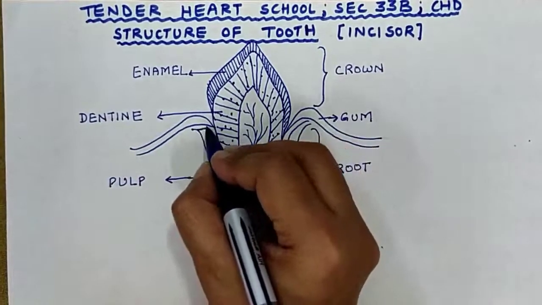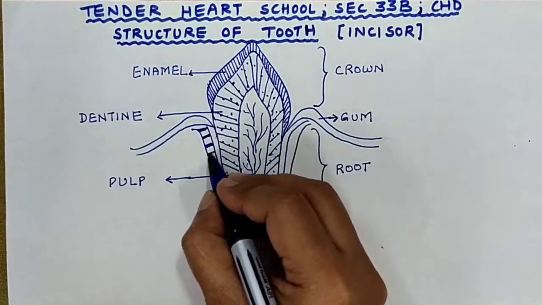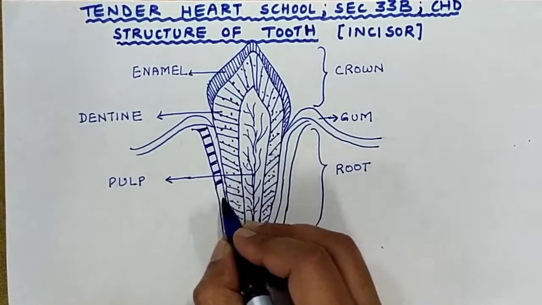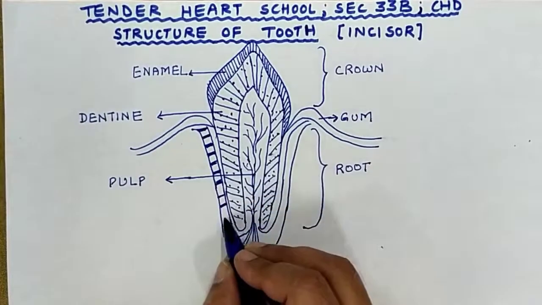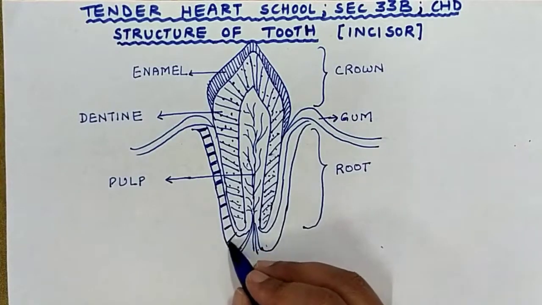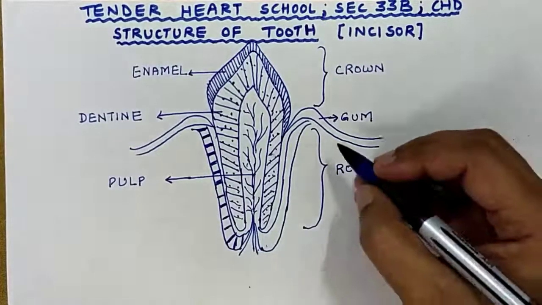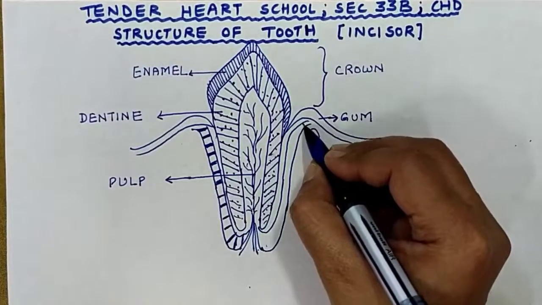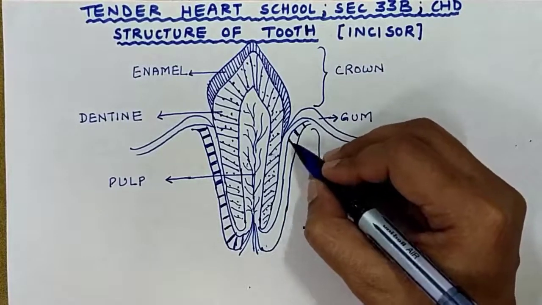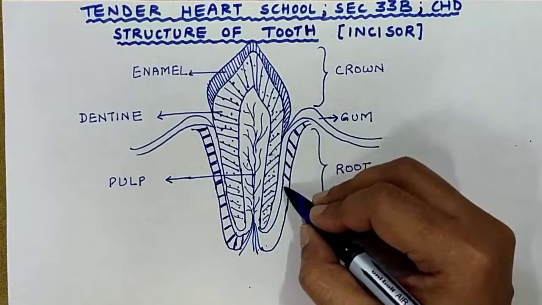So this way you can see, cement is another bone-like structure which is covering and fixing the tooth, the root of the tooth, in position.